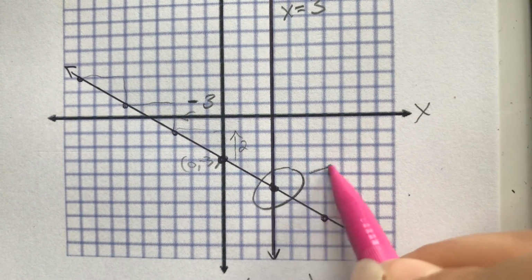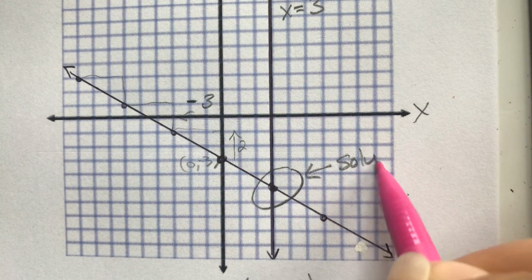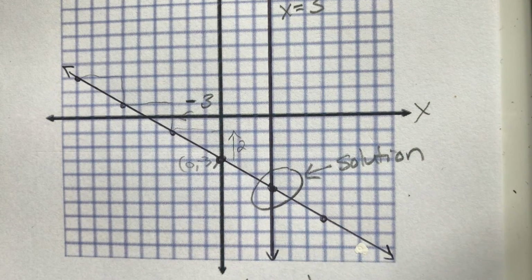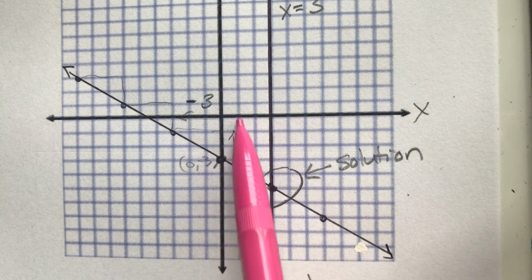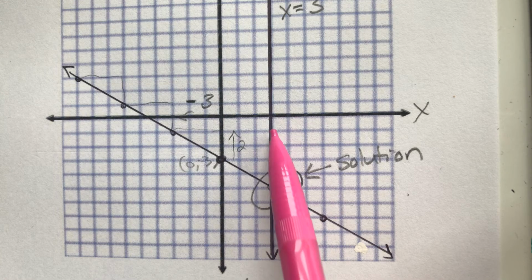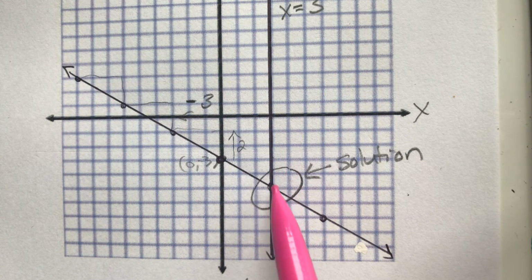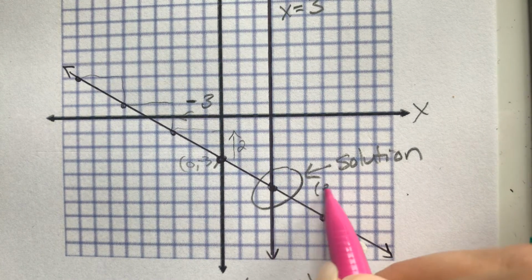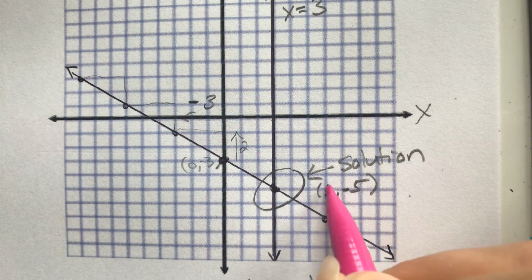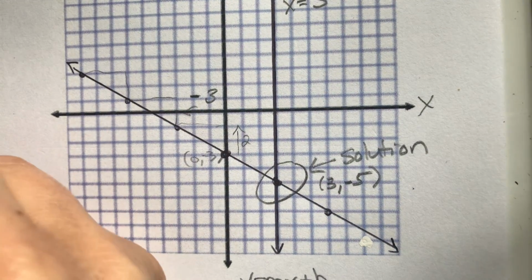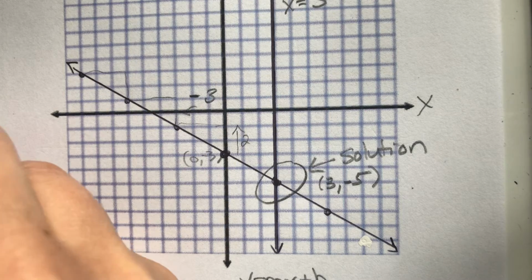So here is our solution. That is at the point over 3, down 1, 2, 3, 4, 5. So that's (3, -5). Okay, (3, -5).